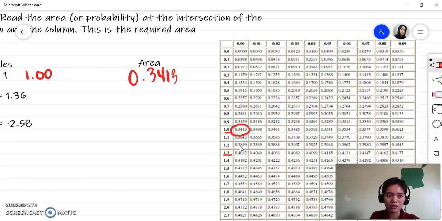Next, look for the third digit. The last digit is 6, so in the right column you have 6. Draw a line to match it: 1.3 and 0.06 add to 1.36. The area is 0.4131.